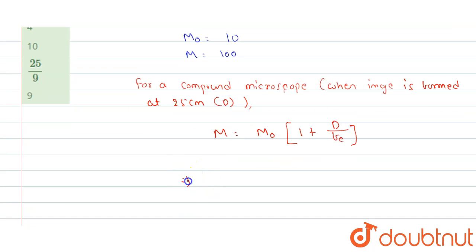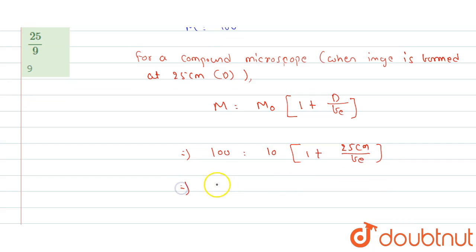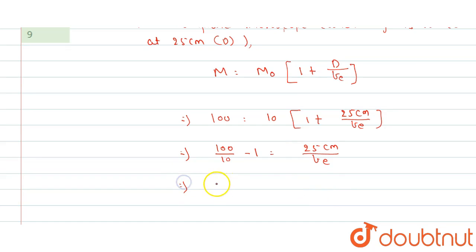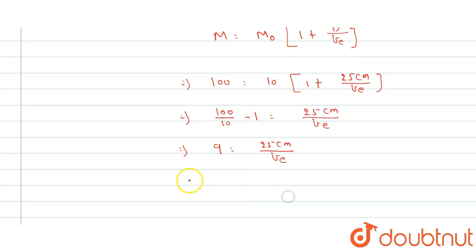That implies students, magnification given as 100 equals 10 multiplied by 1 plus 25 centimeter whole divided by focal length of eye lens. That implies 100 divided by 10 minus 1 would be equal to 25 centimeter divided by focal length of eye lens. This is 9 equals 25 centimeter divided by focal length of eye lens.